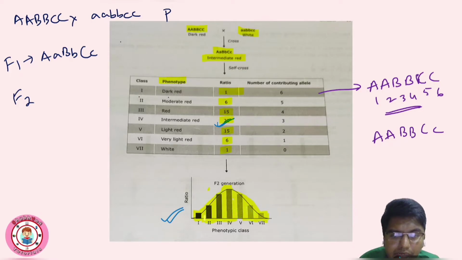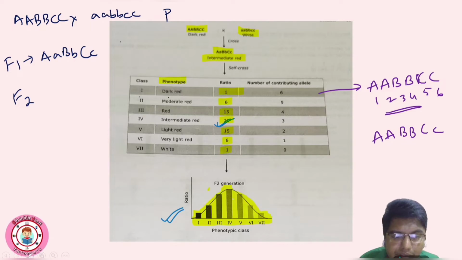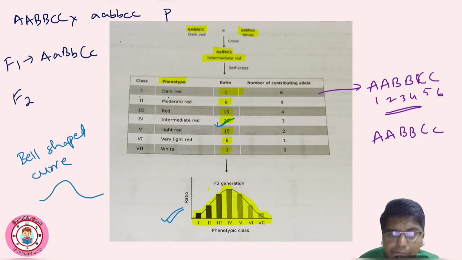So this is a quantitative trait, this we want to understand. Okay, so here we get a bell shaped curve. Okay, means like this, right? Here will be the intermediate and here will be the extremes, and it will go on increasing like this.